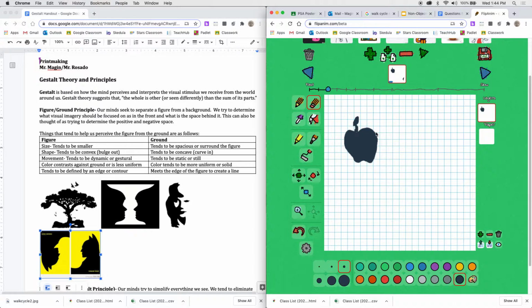So maybe I want to do it in the profile of a teacher, so they have their forehead, their nose coming out, the lip. And then I could maybe make my eraser a little bit larger. But for you, you'd be drawing in pencil on a piece of paper, and you could just draw a solid object and then erase away a portion of that object. And what you're getting is a figure ground relationship.